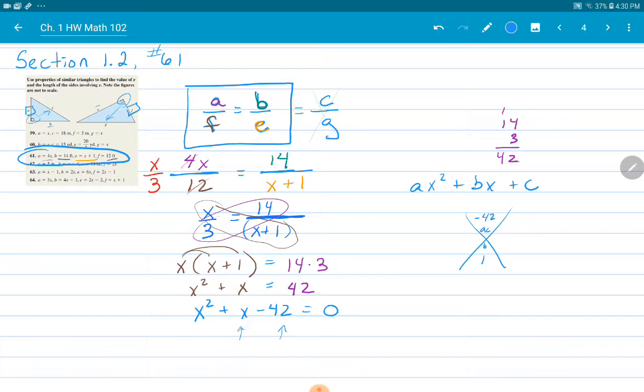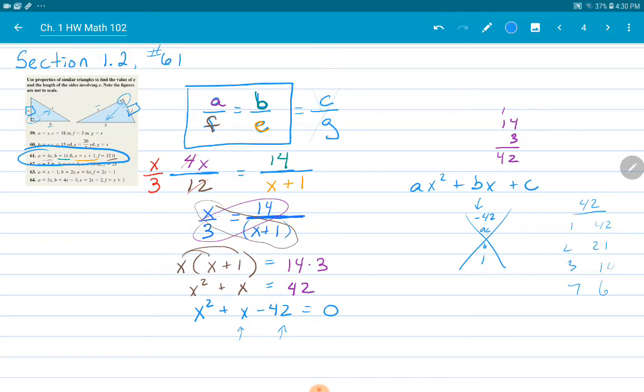So factors of 42 that have a difference, since 42 is a negative, I want a difference of 1. So factors of 42. Let's see, there's 1 and 42, or 2 and 21, 3 and 14, 7 and 6.